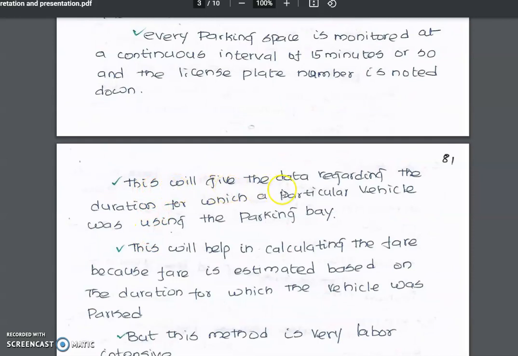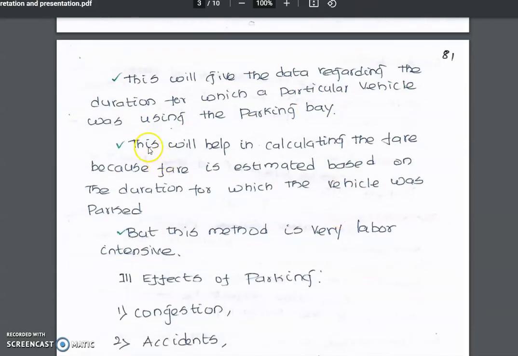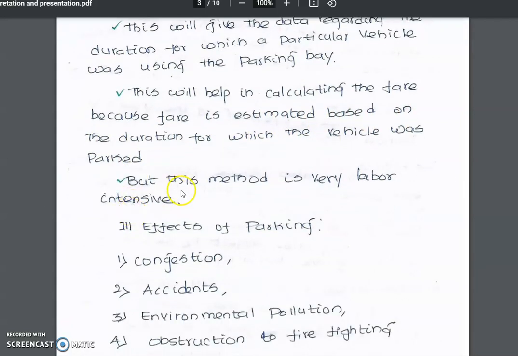This will give the data regarding the duration for which a particular vehicle was using the parking bay. This will help in calculating the fare because fare is estimated based on the duration for which the vehicle was parked. But this method is very labor intensive.